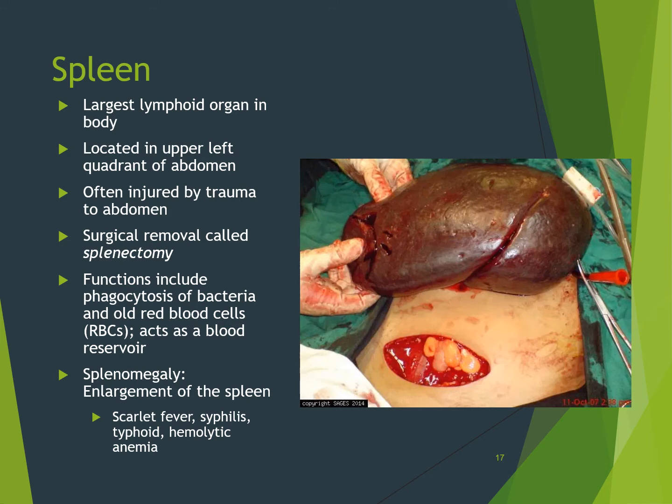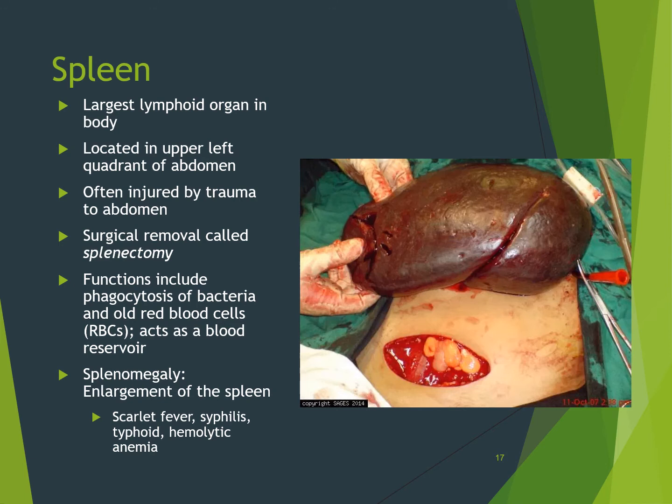Aside from its abilities to filter out and phagocytize bacteria, it's also the red blood cell graveyard. This is where red blood cells go to die and be broken down and digested, and then the spleen does this magnificent thing. It harvests the iron so that the body can reuse it to manufacture hemoglobin. Now, sometimes the spleen will become significantly enlarged.